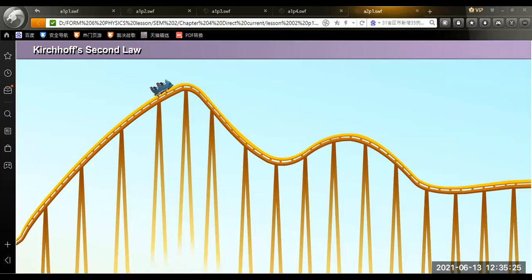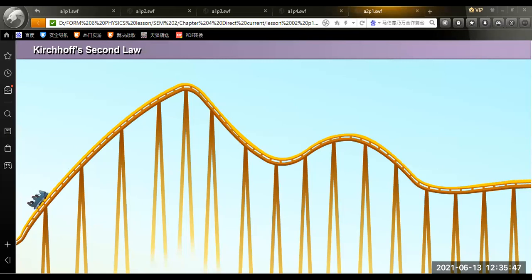Let's observe the slide. We notice that there is a roller coaster which moves to a maximum height, then going down.